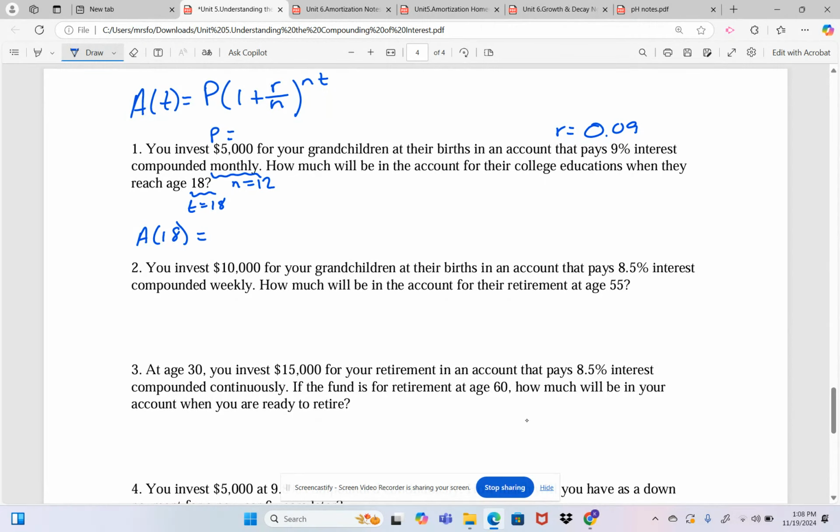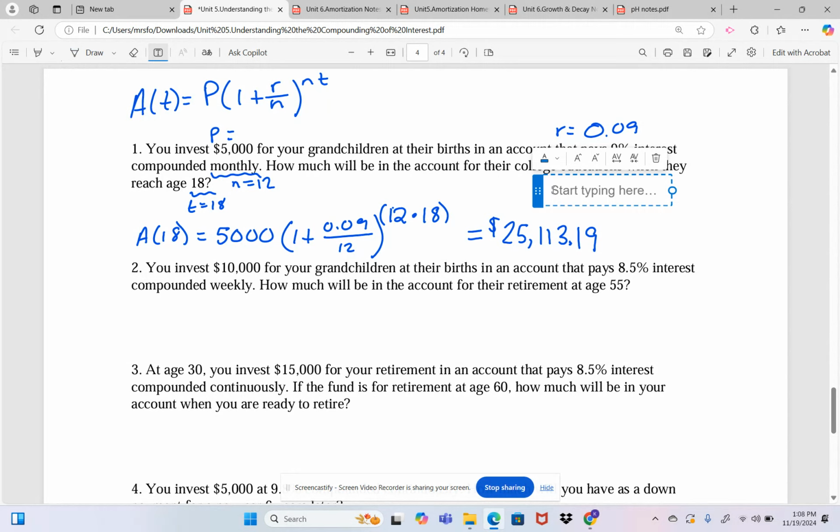We substitute: 5,000 times 1 plus 0.09 over 12, raised to the N, which was 12, times T, which is 18. You would type all of that in your calculator and find that you get $25,113.19.